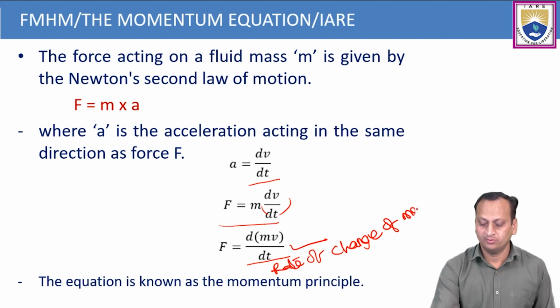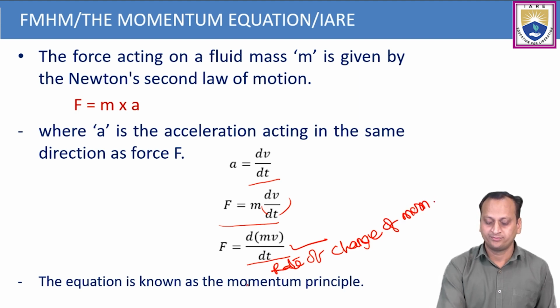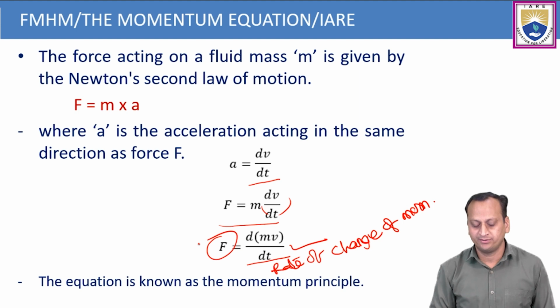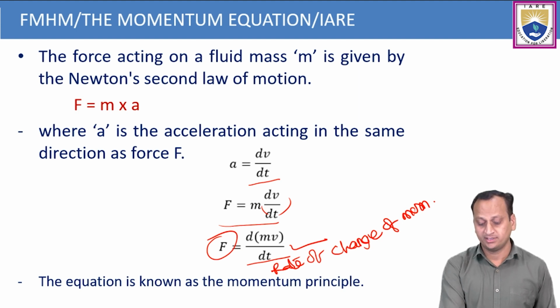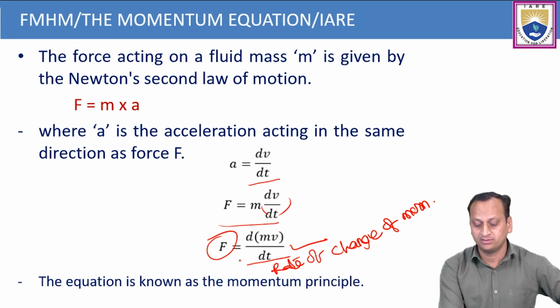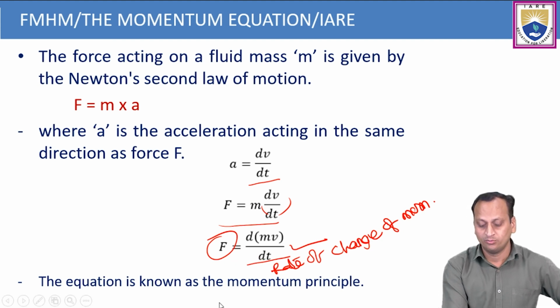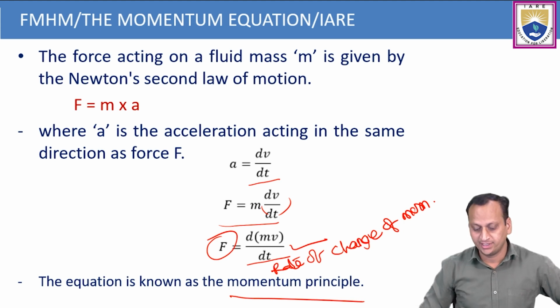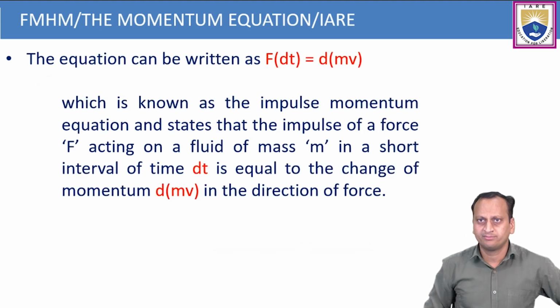This rate of change of momentum is equal to the net force, which is denoted by F. Entirely, you can call F equals d(mv) by dt the momentum principle.